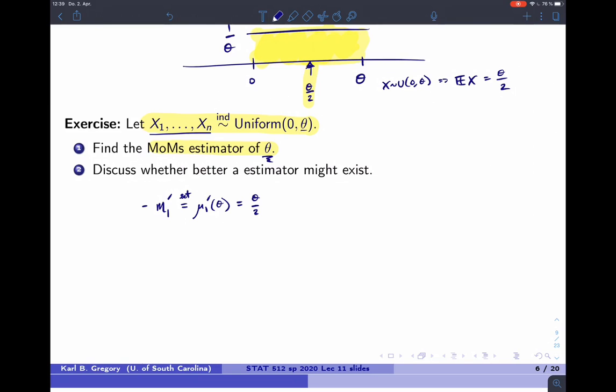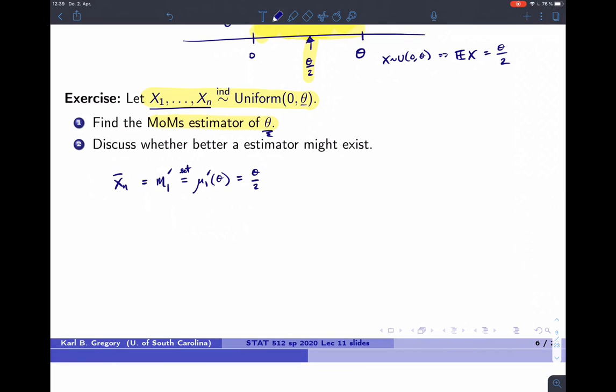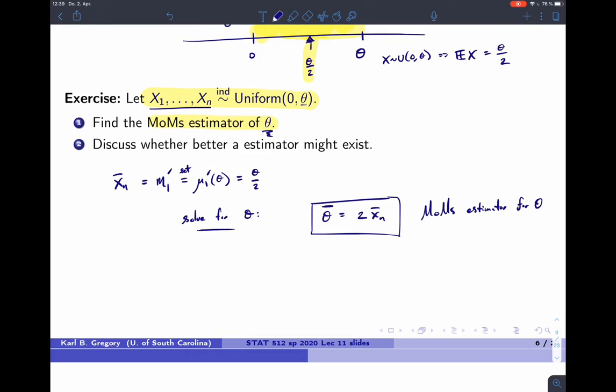My first sample moment is just x bar. Solving that for theta gives theta bar equals 2 times x bar. This is the method of moments estimator for theta.